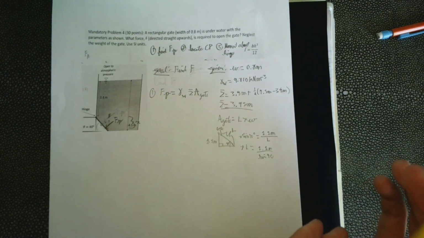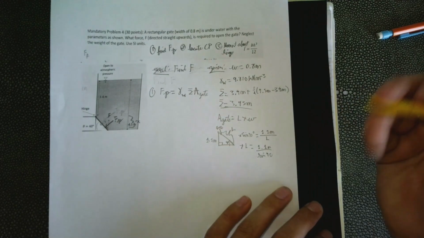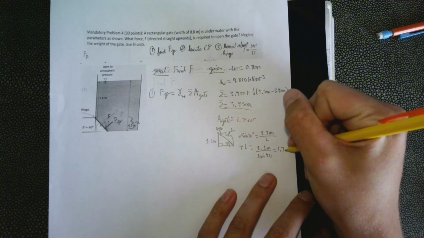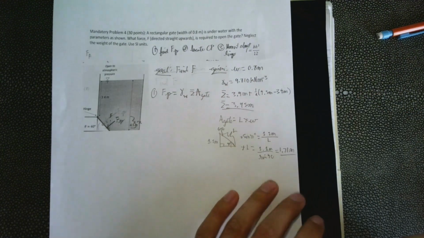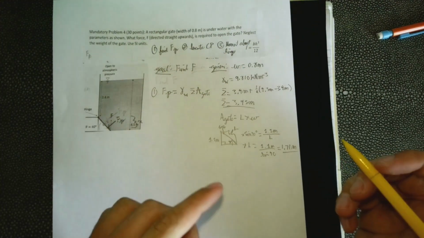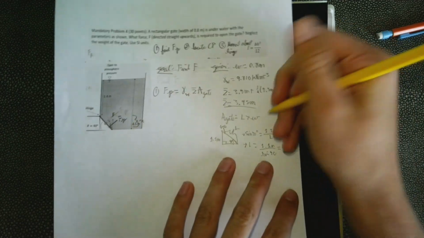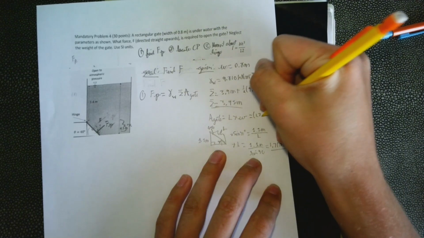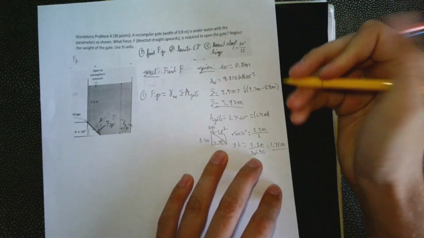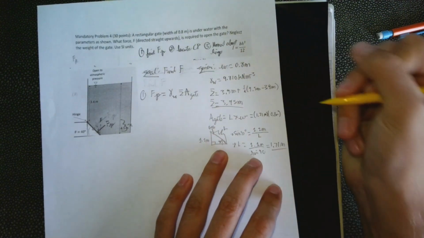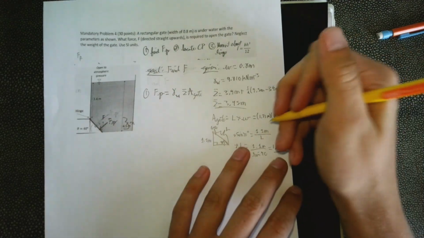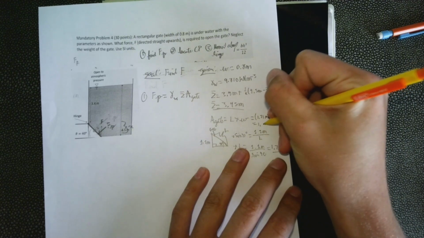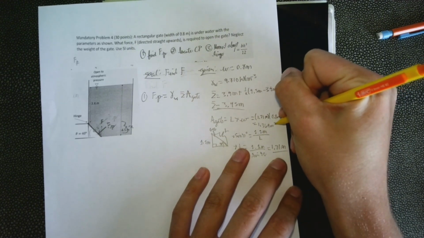If you put that in the calculator, you get that the length is 1.71 meters if you round. So now we have the length, and we plug that into our area. We have 1.71 meters times the width, which is given as 0.8 meters. If you plug that in, you get 1.369 meters squared.